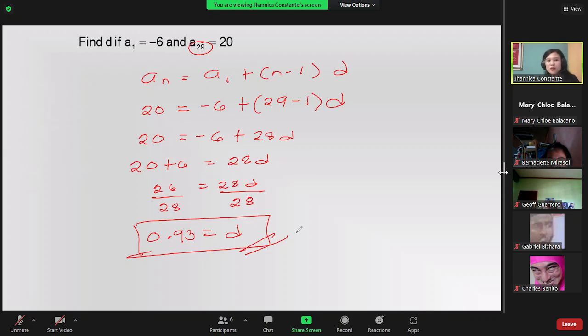So that's the common difference of our arithmetic sequence. Whatever you're solving for in the arithmetic sequence, you're just going to use one formula, which is an equals a sub 1 plus n minus 1 times d. Whatever term or whatever part of the sequence you are looking for in the given sequence that we have.